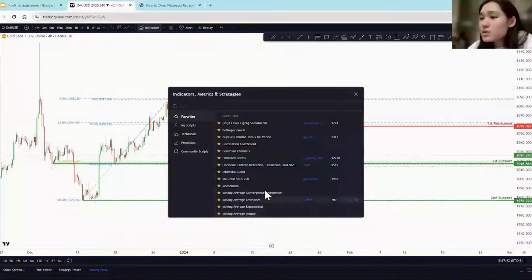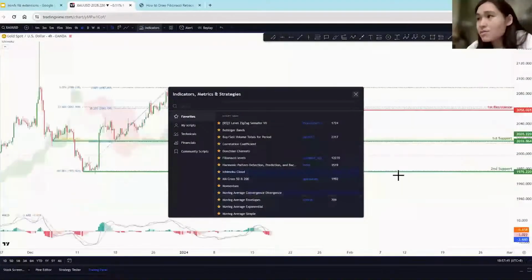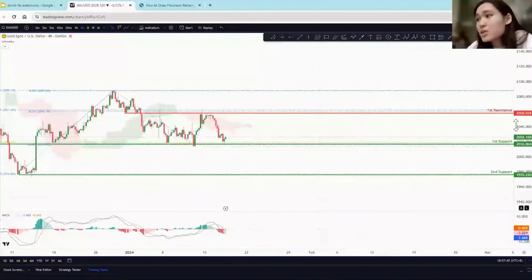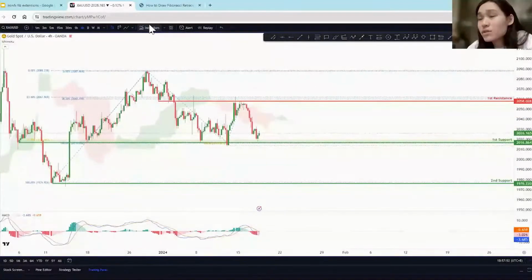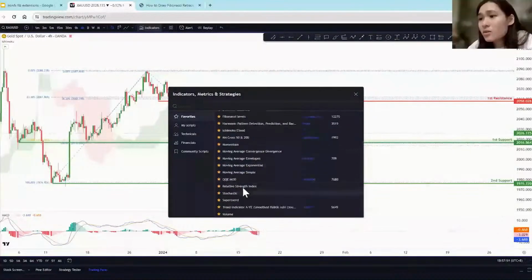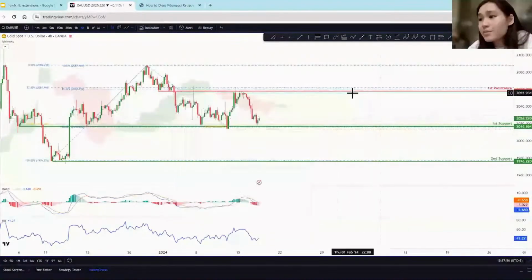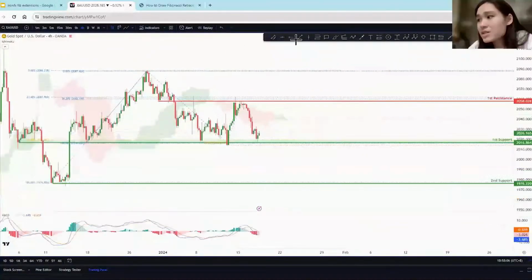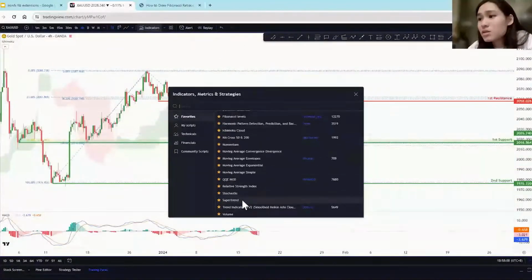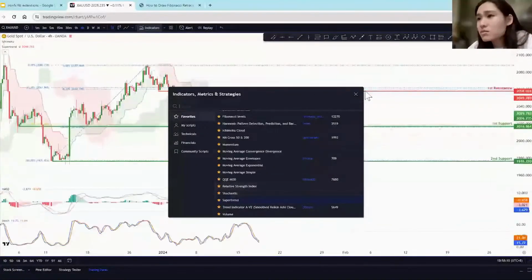Okay, now let's pull out some indicators. Price is moving below the Ichimoku cloud, so it's giving us a bearish signal. MACD is also giving us a bearish signal. If we look at RSI, okay, RSI isn't telling us much. Let's look at stochastic.